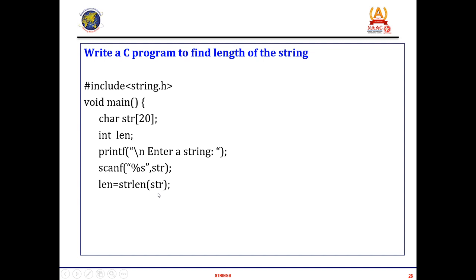In the previous case, GAT itself was a string. But here, since I'm not making use of opening and closing double quotes, this str is nothing but a character array. And you agree, you have a declaration statement already at the top which says that str is a character array whose dimension is 20.